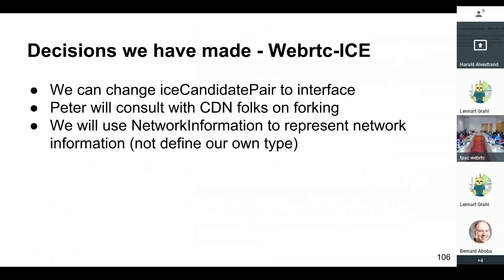That's a nice thing about having an adopted working group document, that this is a working group decision. Peter will consult with the CDN folks on whether forking is needed or not, or how forking should work when it's needed. And we will use network information to represent network information instead of defining our own type.